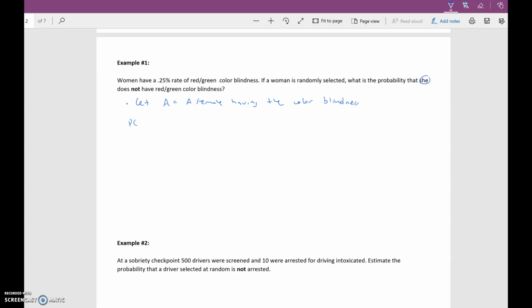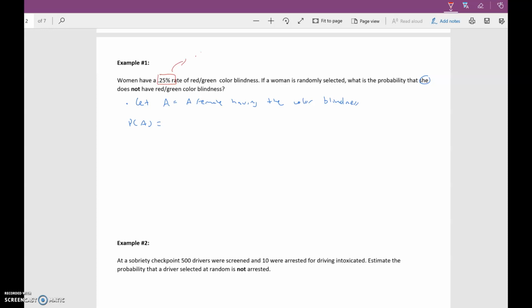We're given in the problem what P of A is, and we have to be careful because that's 0.25%. So not 25%, it's actually 0.25 percent, which is really, really small.